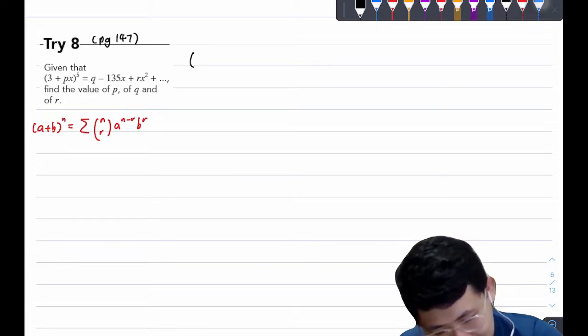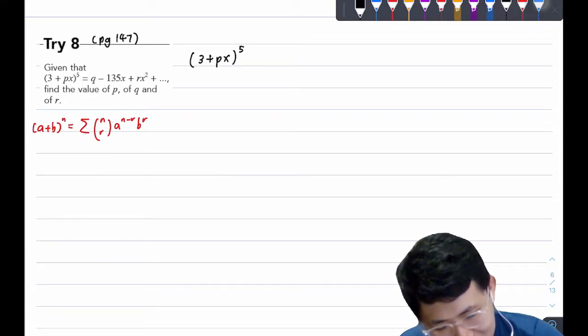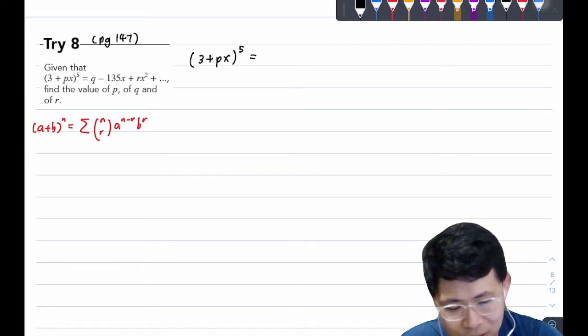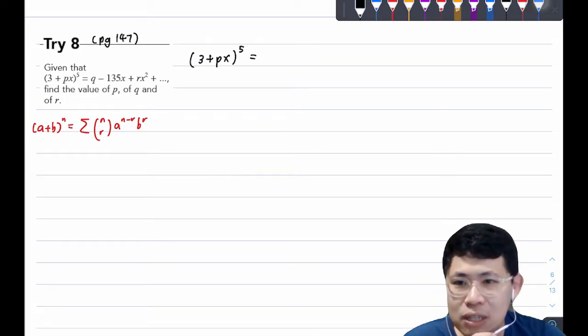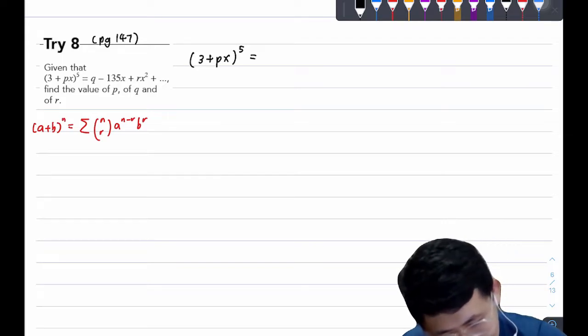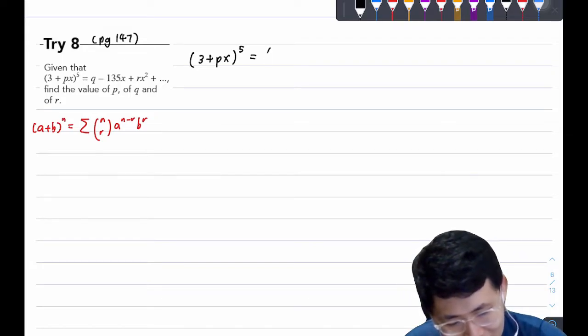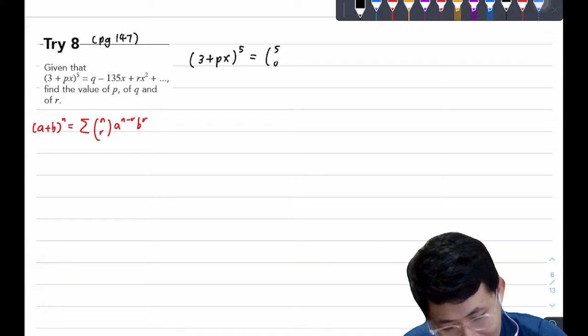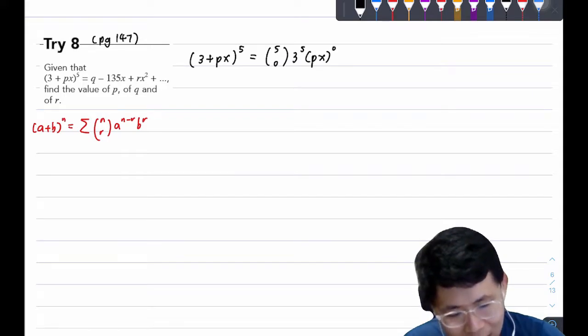So over here, let's try to expand and compare coefficients so that we can answer what it says. So let's expand this. So 3 plus px to the power of 5. So n is 5, a is 3, b is px. So this is going to be n choose r times a to the power of n minus r times b to the power of r.